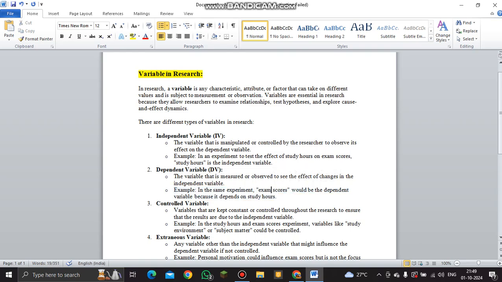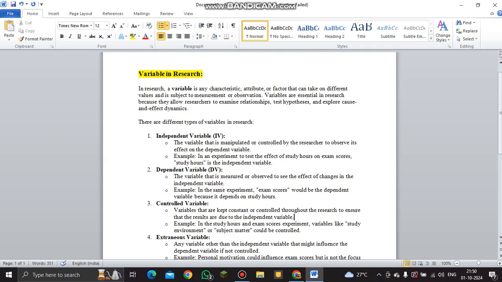Right friends? Okay, now the next one is the controlled variable. Controlled variables are kept constant or controlled throughout the research to ensure that the results are due to the independent variable. So basically controlled variables are those variables which are kept under control throughout the research to ensure the results are due to the independent variable.